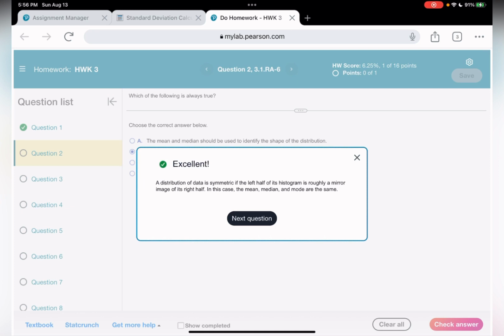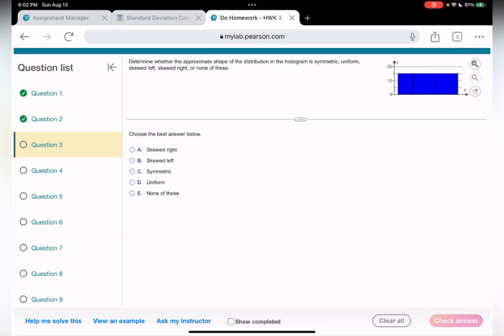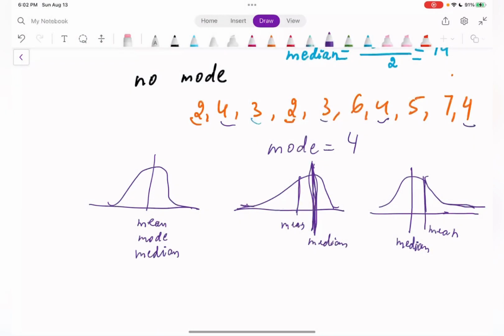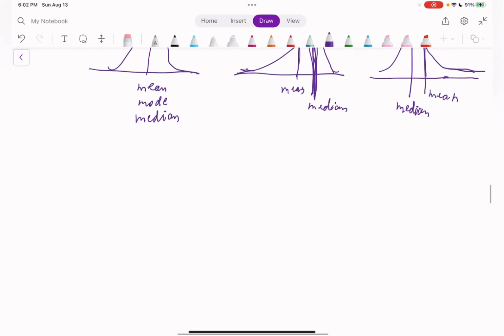Moving to next question. Question number 3, determine whether the approximate shape of the distribution in the histogram is symmetric, uniform, skewed left, skewed right, or none of these. Okay, histogram, let me explain to you. In front of you is a histogram. It's like a bar graph, a graph that doesn't have breaks between bars.